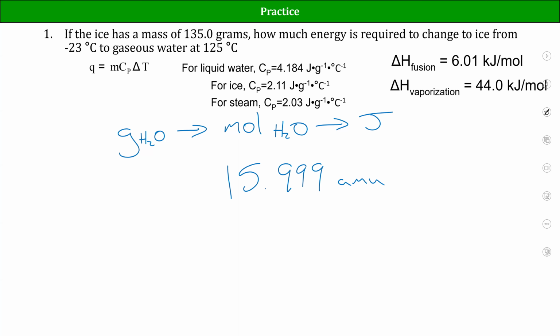AMU had a more useful form though. AMU is grams per mole. So we actually have a conversion just from the periodic table itself that tells us how to go from grams to moles.